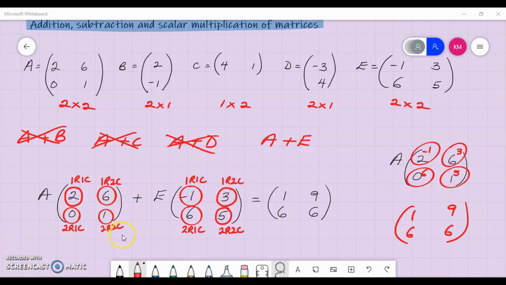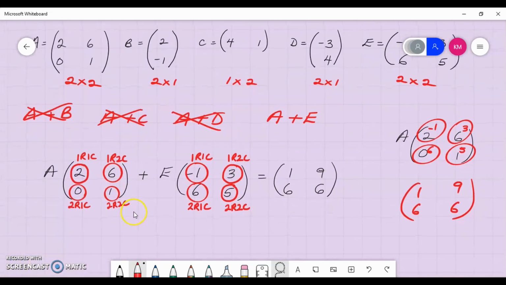So let's try a subtraction. Let's say B take away D. Notice B and D are of the same order, so yes, that can happen. So B is our matrix 2, -1, and let's subtract the matrix D from it, which is -3, 4.